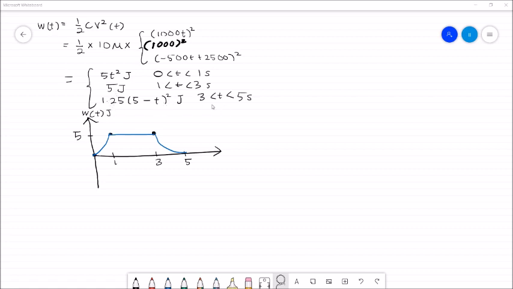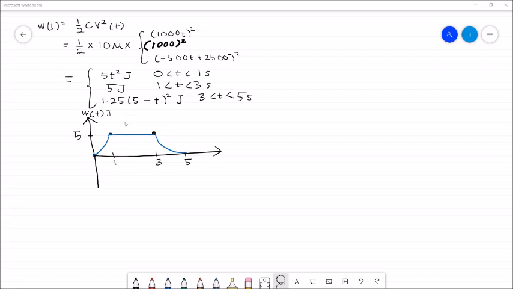For the graph, 5t squared represents a quadratic graph. So substitute the value of 0, and then substitute the value of 1.